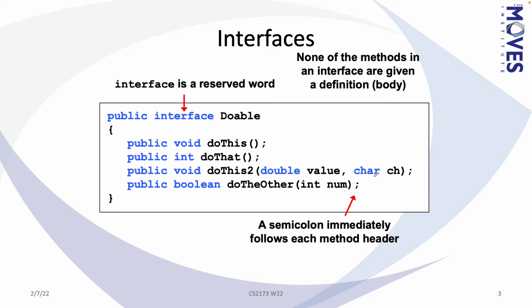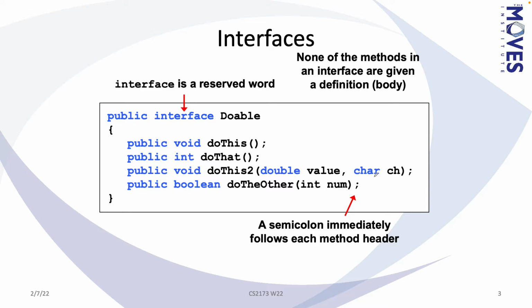Okay, so instead of writing what these methods do, it simply specifies that this is what they are. This is what the methods that any class that implements this interface must implement. I like to think of it as a contract. So this interface, Doable, is a contract, and if a class signs the contract, that is, if it implements this interface, then it must implement specifically each of these 4 methods.